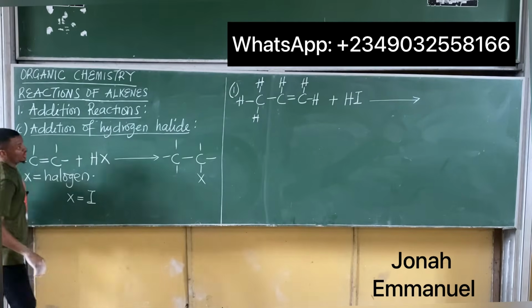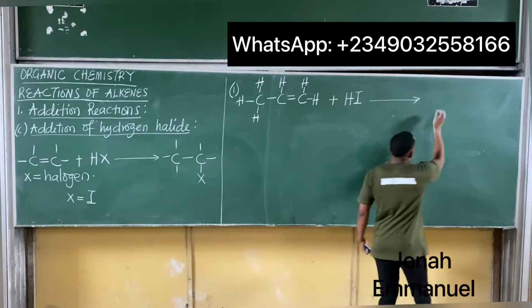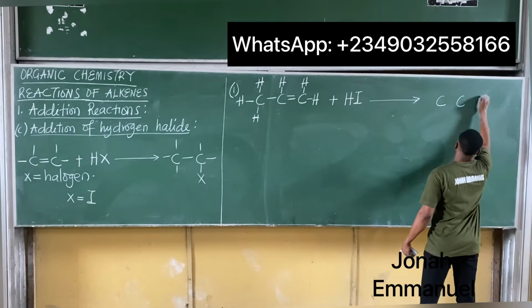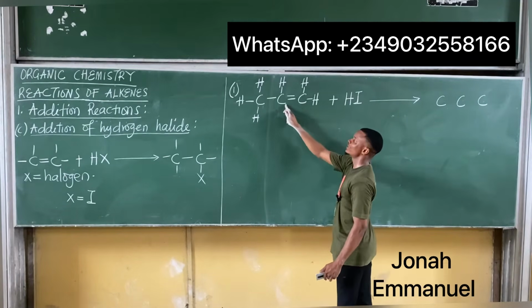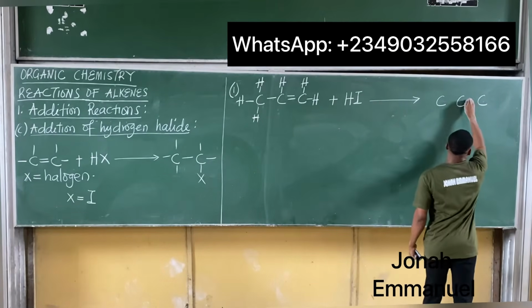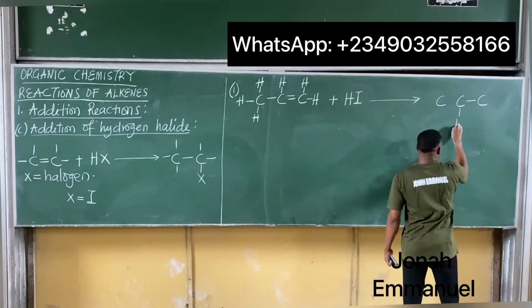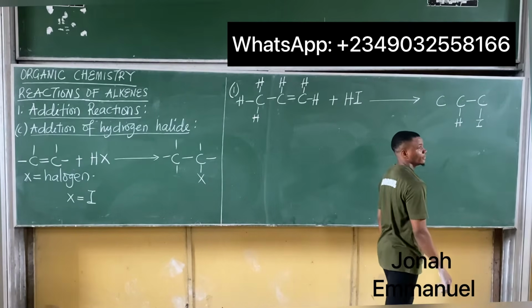That's all. In other words, my final result will be this: 1, 2, 3. Observe that it was these two that had the double bond. So this one will break off to a single bond. One of them will carry the H, and one of them will carry the iodine. That's all.